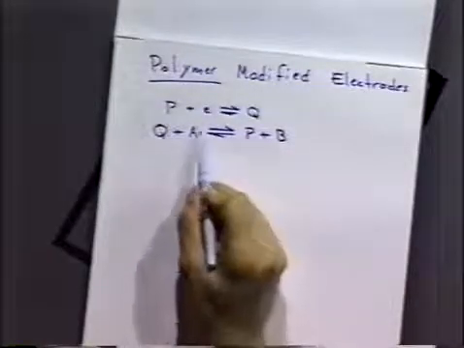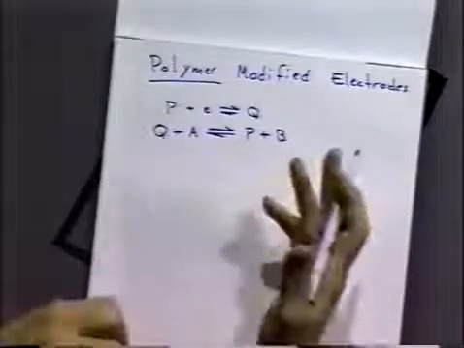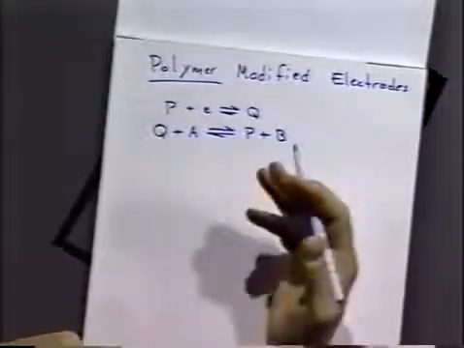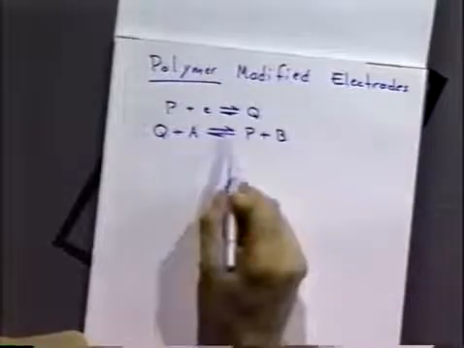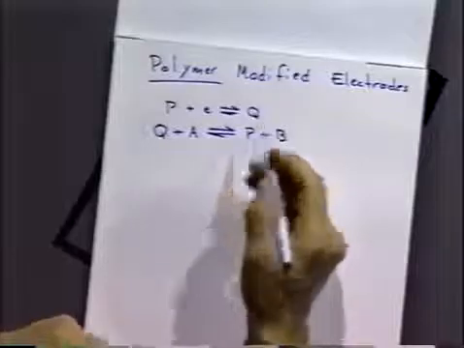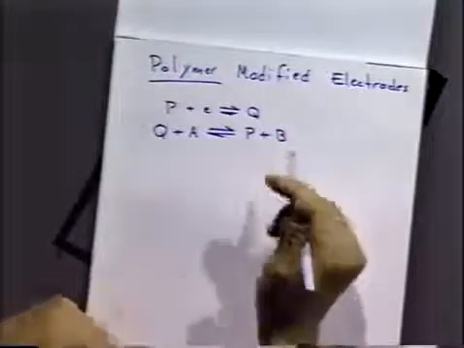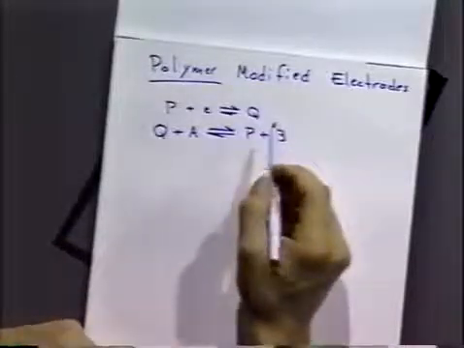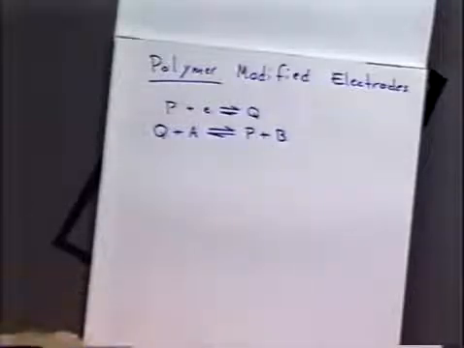So the desired reaction is A to B, which may or may not be available at the electrode surface, maybe have a high overpotential, but we can generate in situ the reductant Q, and if it's bound to the polymer, then we have it stabilized, and then that can react with A to do the job.